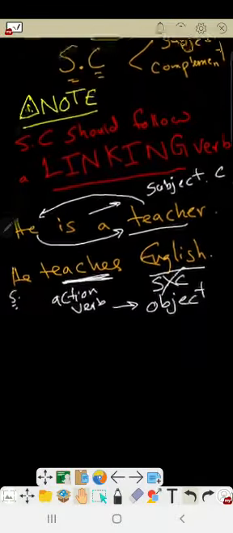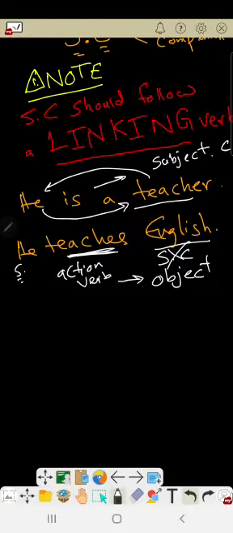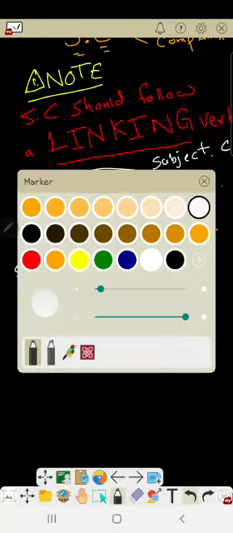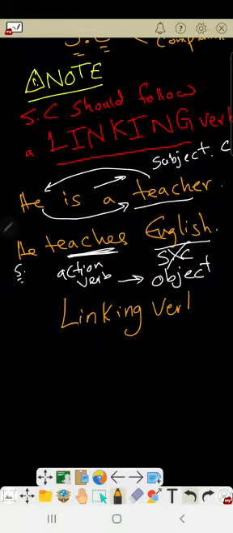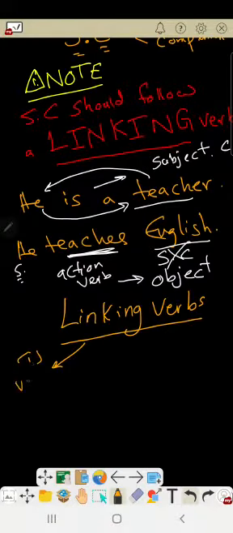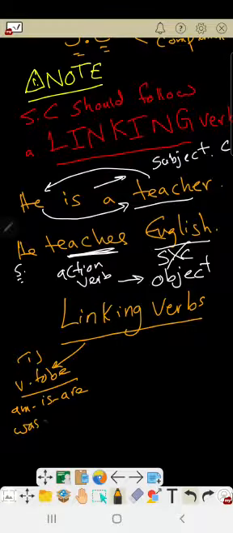Mister, could you please tell us what the linking verbs are? Okay, let's see here. Linking verbs. Number one, verb to be. And we have different forms of verb to be. We have am, is, are, was, and were. We have also taste.